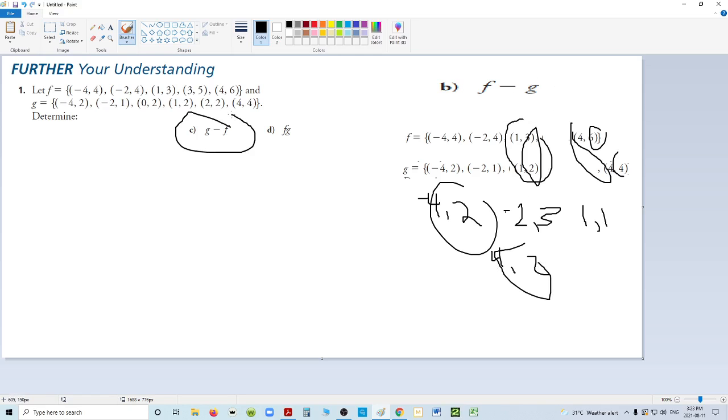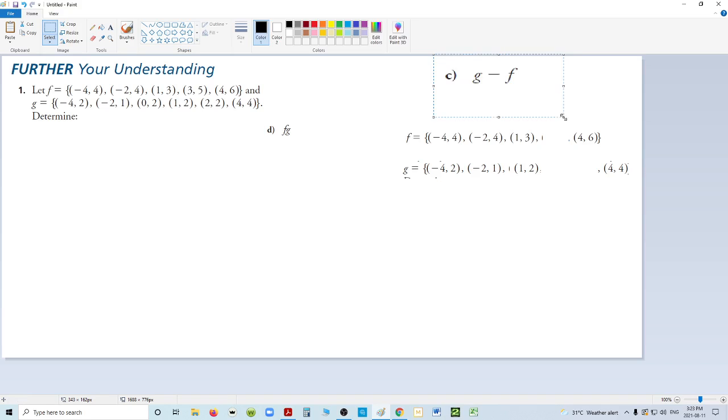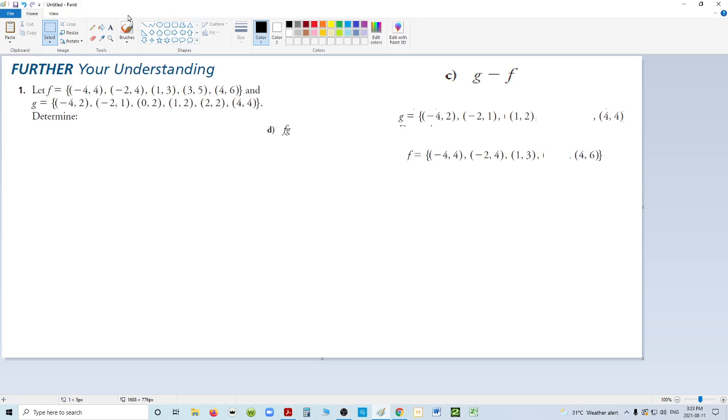You might be tempted to say, well, g minus f will be the same thing. Not true at all. And to show you, I'm just going to put the data sets in different orders. So I'm going to put this one below this one and put them together. So I'm going to start with minus 4 still.